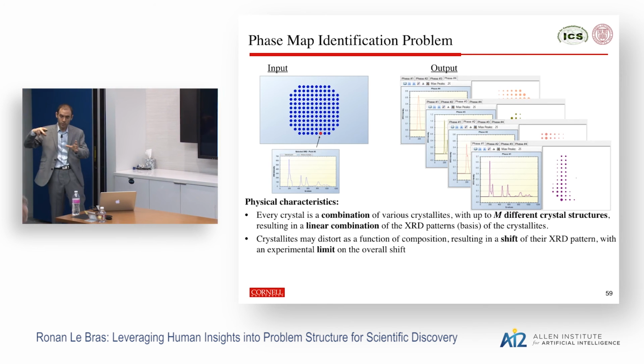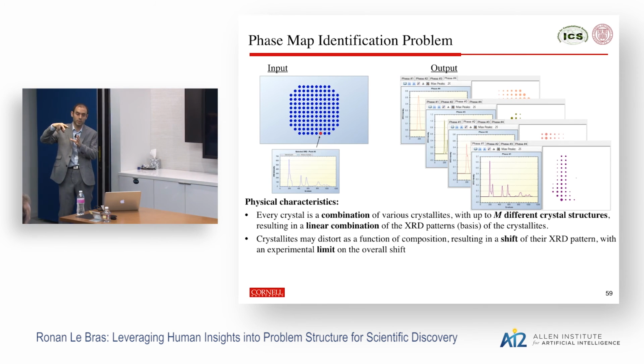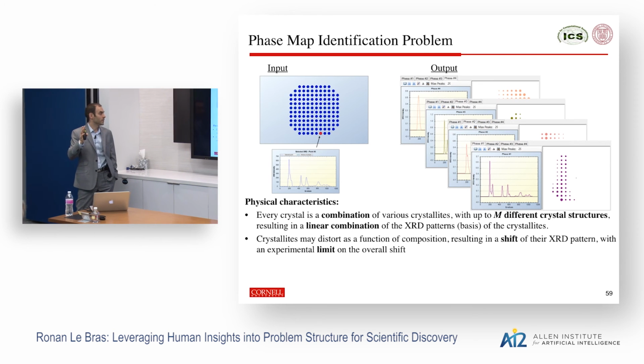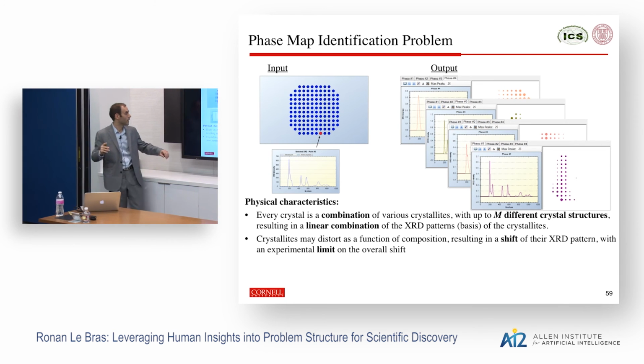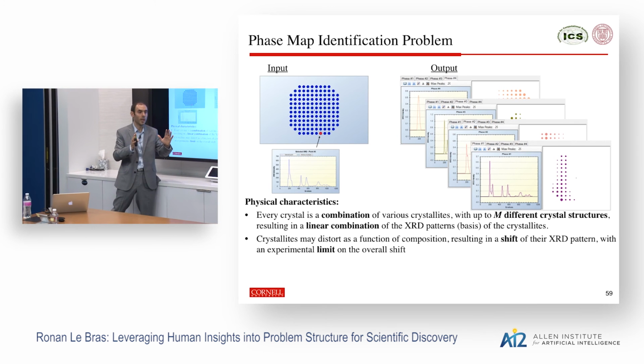Now, once you go from one small crystal like this and you make it bigger by alloying, for example, the X-ray diffraction pattern may actually shift. And this would allow you basically to take this pattern and make it shift to the left before you merge it into another one.